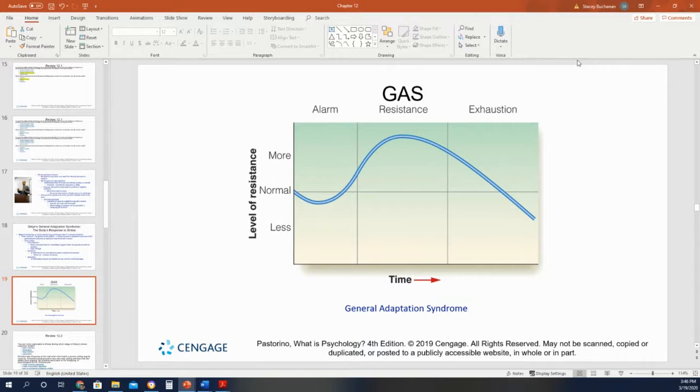It's where you get backaches, stomach aches, headaches, cramps. So if you find yourself feeling this way during the school year, it's because your body has been working in this exhaustion phase of the general adaptation syndrome, because it's been so stressed out with no lower levels of stress that the health effects start to occur.